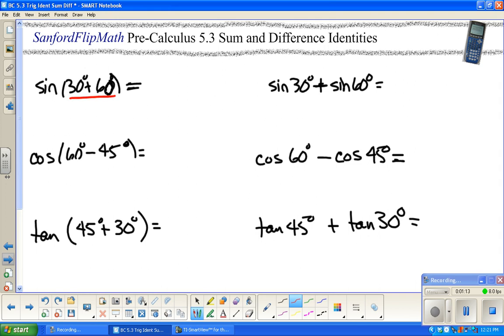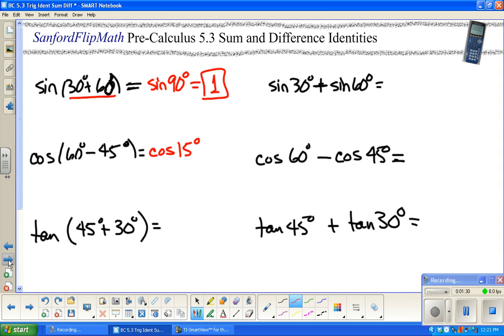Order of operations means we have to add first, so this is going to be sine of 90, and hopefully you remember that that is 1 from the unit circle, or you could do that in your calculator. Cosine of, this is going to be the cosine of 15 degrees.